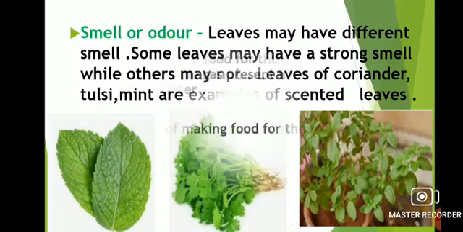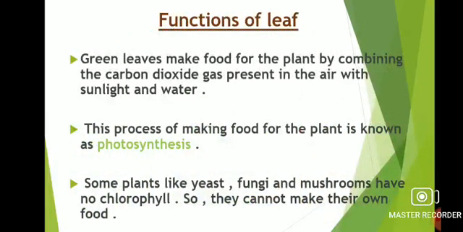Now, the next topic of this chapter is functions of leaf. Green leaves make food for the plants by combining the carbon dioxide gas present in the air with sunlight and water. This process of making food for the plant is known as photosynthesis. Some plants like yeast, fungi, and mushrooms have no chlorophyll, so they cannot make their own food.